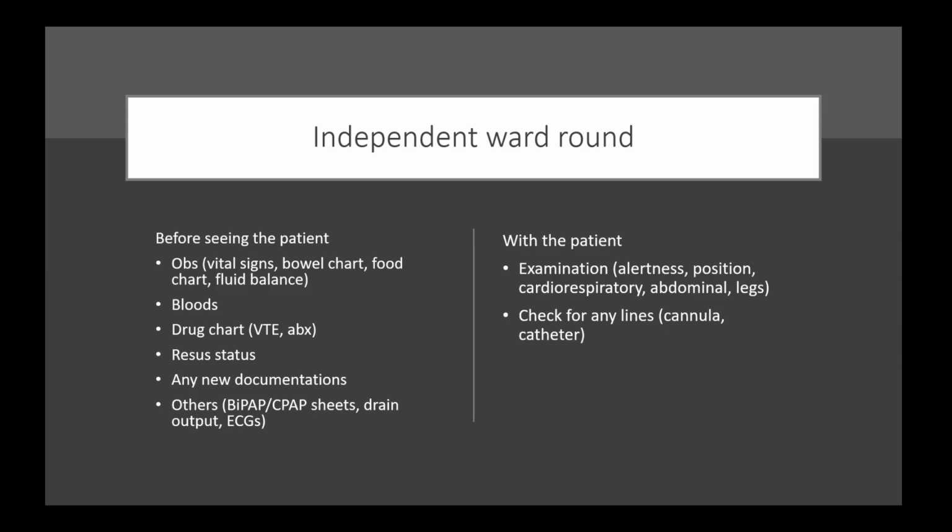So if a patient is particularly medically fit for discharge and waiting for placement, that sort of thing, I would say patient is alert and sitting in chair, heart sounds normal, chest clear, abdo soft non-tender, bowel sounds present, legs nil oedema, calf soft non-tender. So that would cover for any HAP or DVT that could have developed in the hospital whilst waiting.